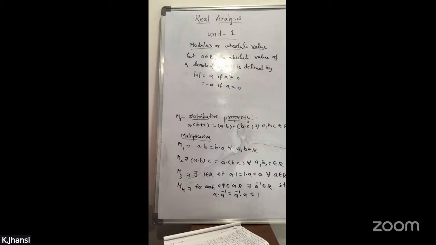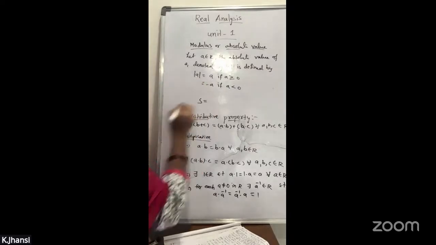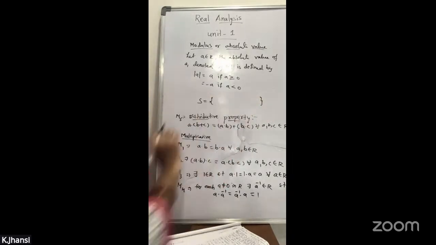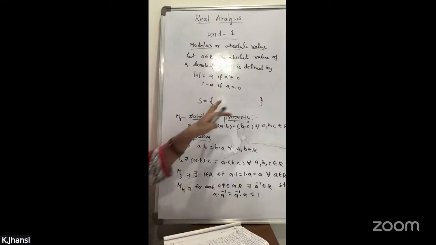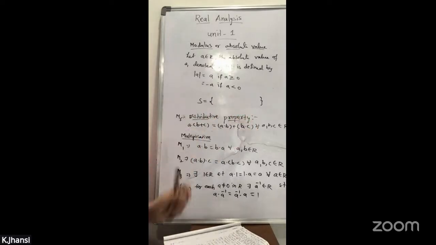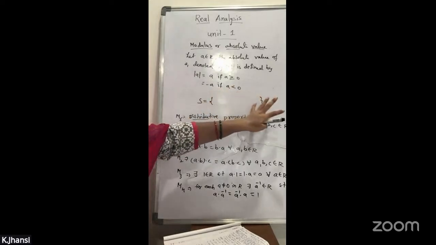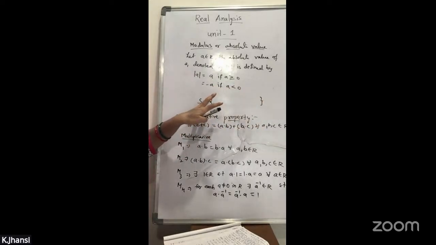Well-defined means if you think S is any set, whatever elements you write in this set should have some definition or some meaning. Only then, when you write such elements in flower brackets, do we call that S a set.